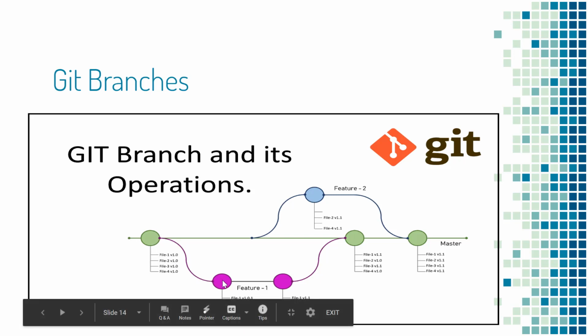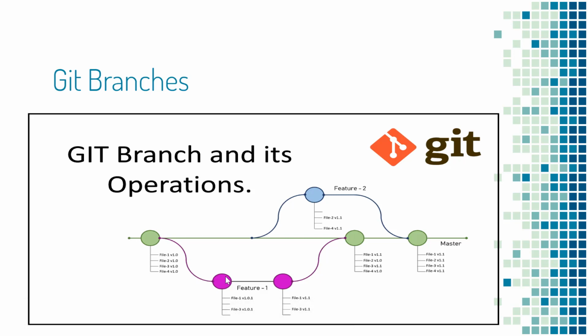So the first developer branches off the master and starts to implement the feature that he wants to implement. As you can see, at the first commit, he changed file 1 and file 3. That's why we have version 1.0.1. And he made the first commit, let's say on the first day.